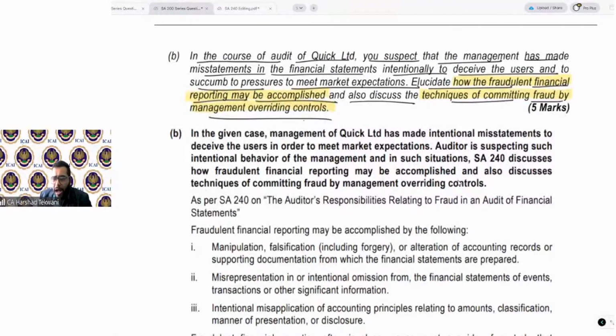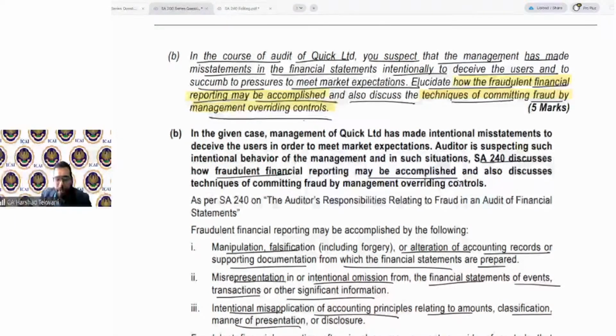SA 240 discussed how a fraudulent financial reporting can be accomplished, by giving some examples. And those examples are manipulation, falsification, or alteration of accounting records, supporting documents from which the financial statements are prepared, misrepresentation or intentional omission from the financial statements of events, transactions or significant information, intentional misapplication of accounting principles relating to amount, classification, manner of presentation, or disclosure.